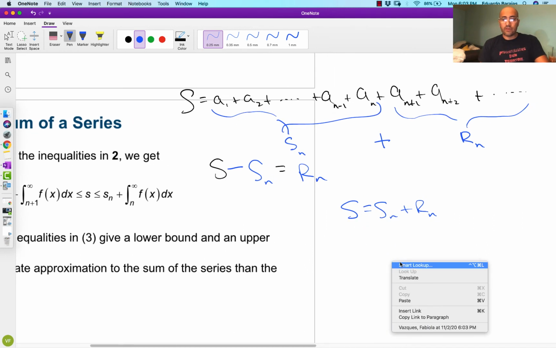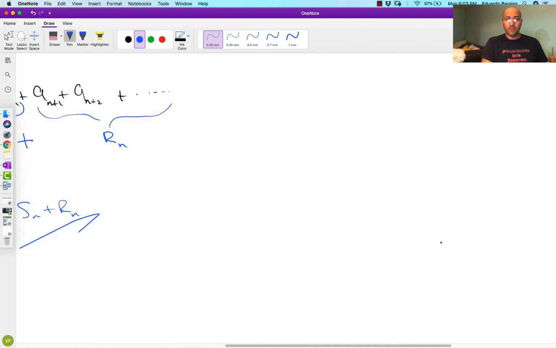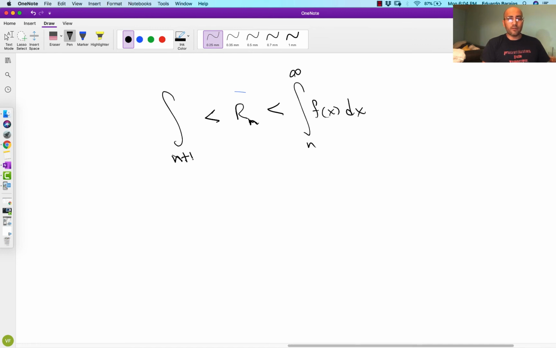So we established that there is an inequality that can help us trap R sub n. R sub n is definitely smaller than the integral from n to infinity of f of x dx, but there is a lower boundary to this that starts at n plus 1 to infinity of f of x dx.